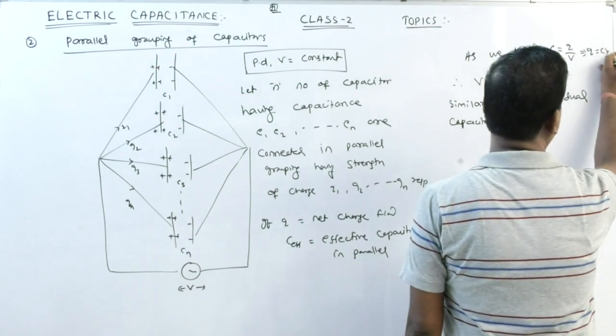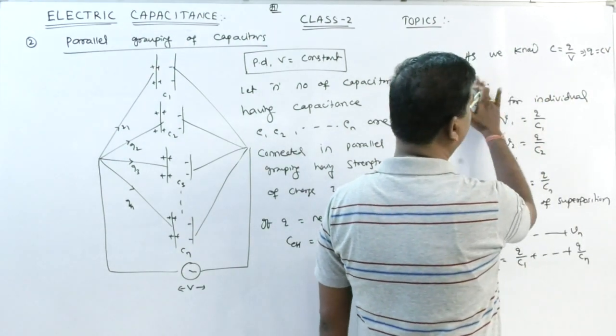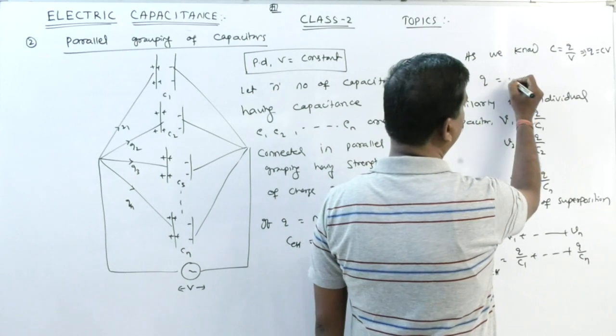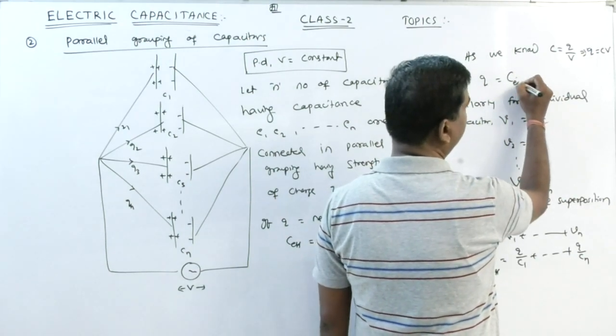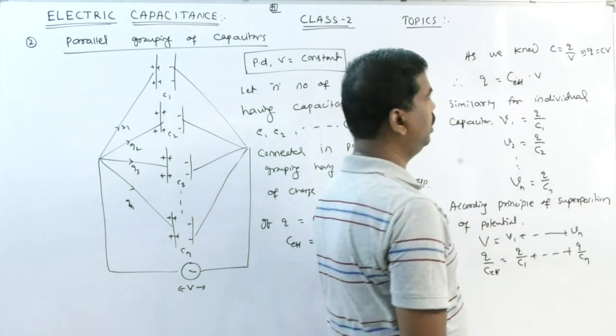Therefore, Q is equal to C effective into potential difference.